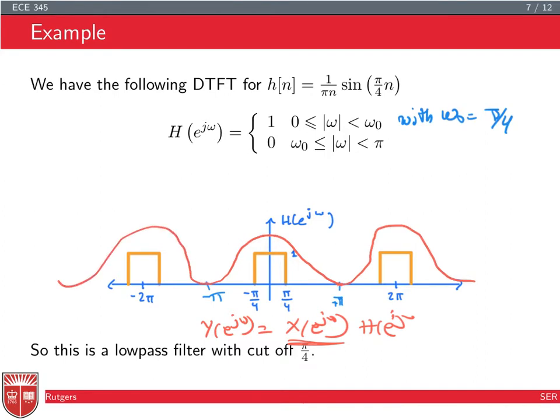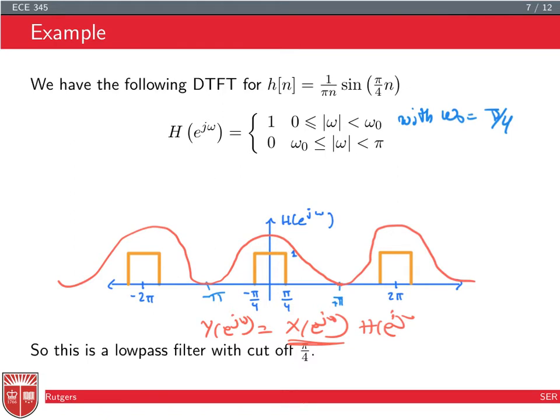Then you know that since these two things are going to be multiplied to give the output, everything in the signal that is between minus π and minus π/4 in this interval here is going to be multiplied by 0, so it's going to be zeroed out, and what remains is what I'm going to highlight in green.